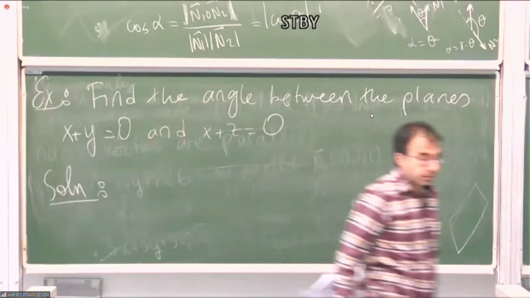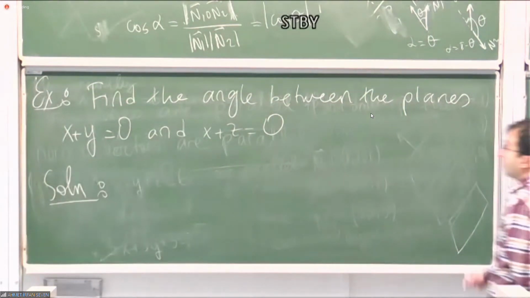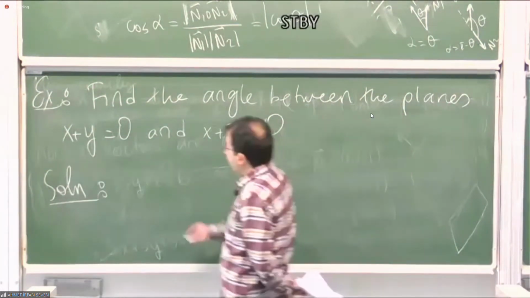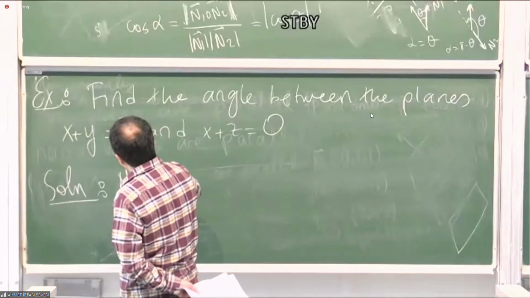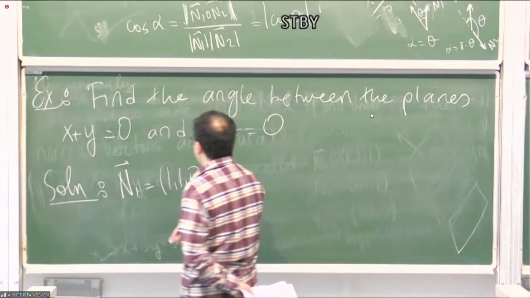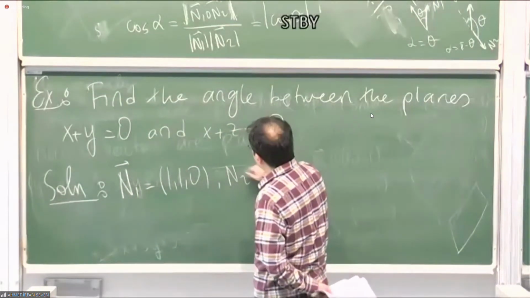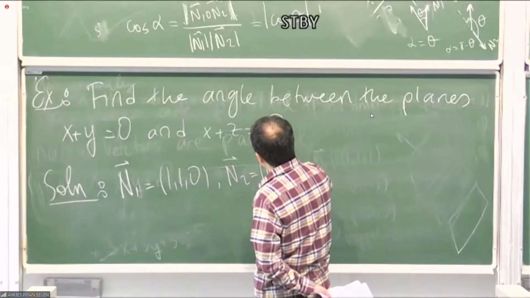Okay. All right, let's write the normal vectors. Normal vector of the first one is 1, 1, 0. Normal vector of the second one equals 0, 1, 0.